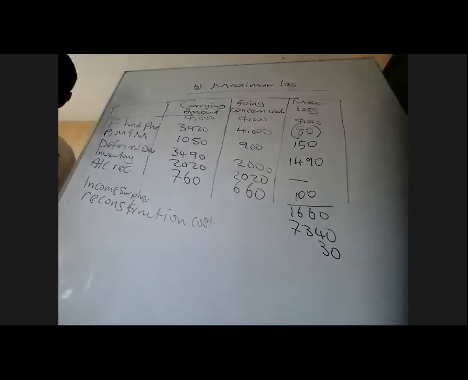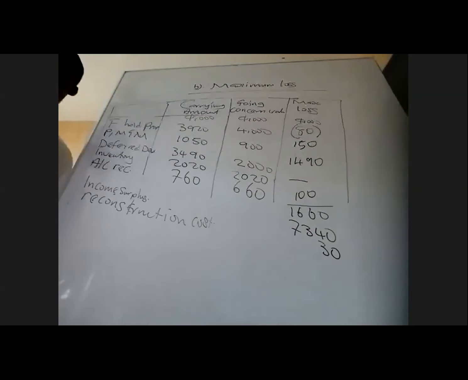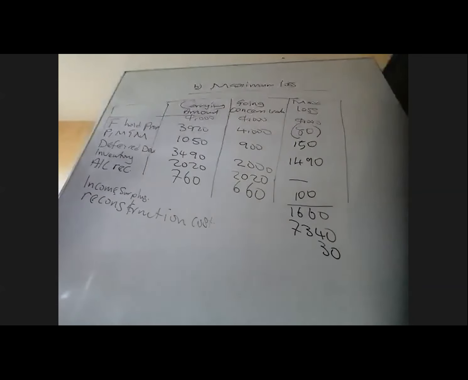Then lastly, there's one item that normally causes trouble. Go to the last footnotes. The last 2 footnotes. They are saying note 9, or it's not 9, it's note 11, last but 1. Preference dividends are 2 years in arrears. The preference dividend is in arrears for 2 solid years. So what do you do? It's part of the loss.